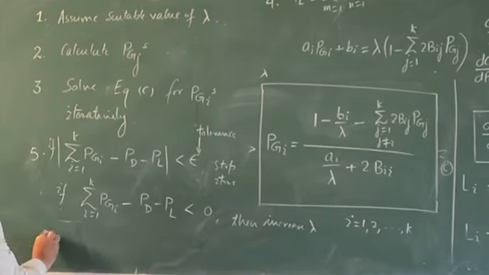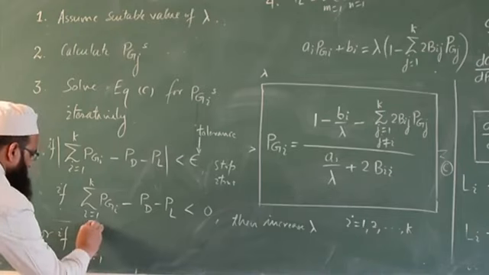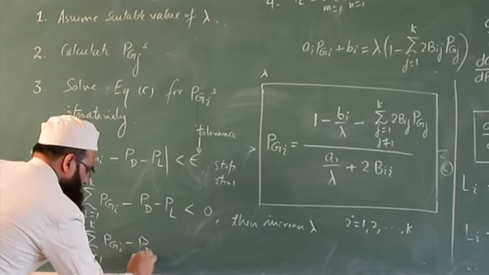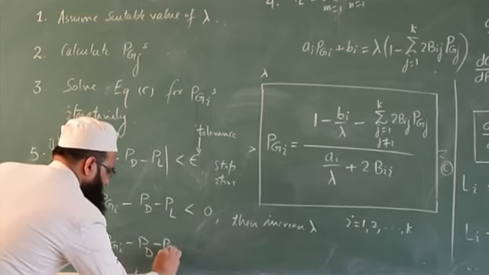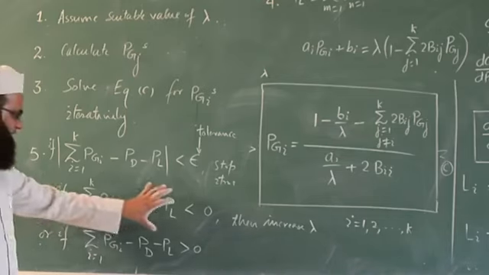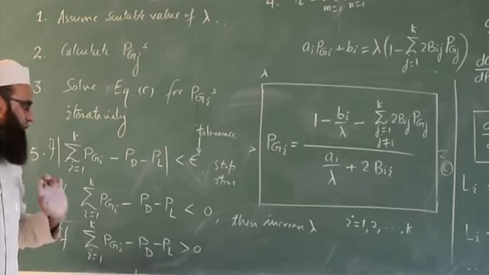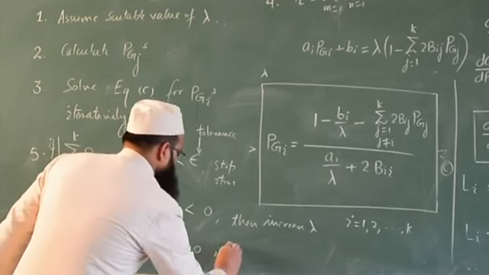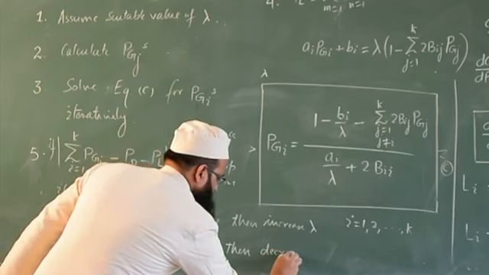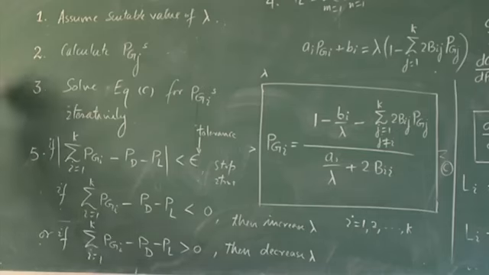Or if total generation, summation PGI minus PD minus PL, is greater than 0, that is, total generation is greater than the demand plus loss, in that case decrease lambda and go to step number 2.